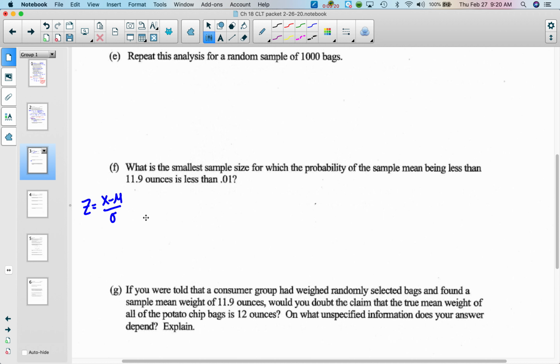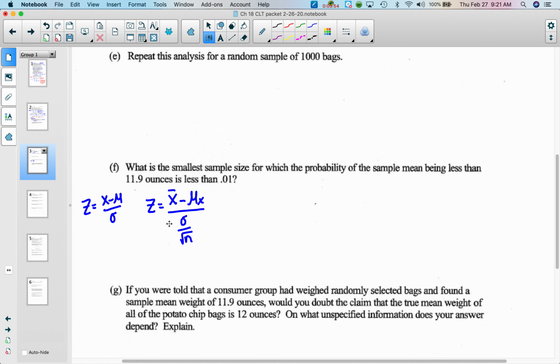But now we're talking about the sampling distribution of the sample means, and we're changing our mean and standard deviation to reflect that, or the mean stays the same. So I'm going to adjust my standard normal formula. So z equals x bar instead of x, because we're talking about a sample mean, minus mu sub x, which is just going to be the mean of our population, divided by sigma over the square root of n.